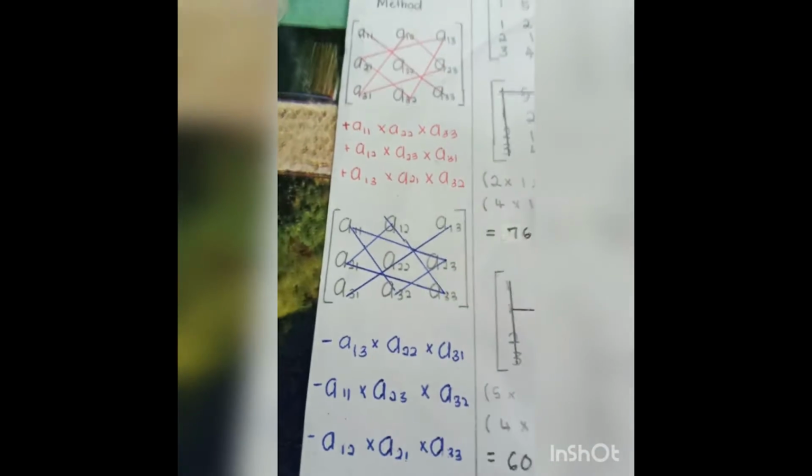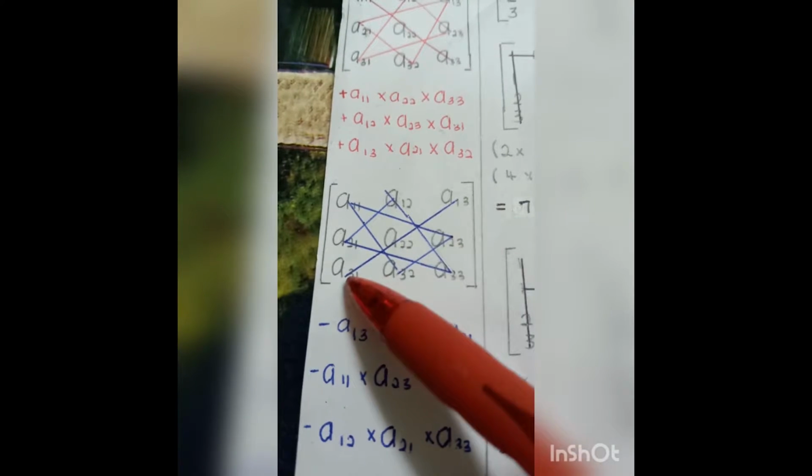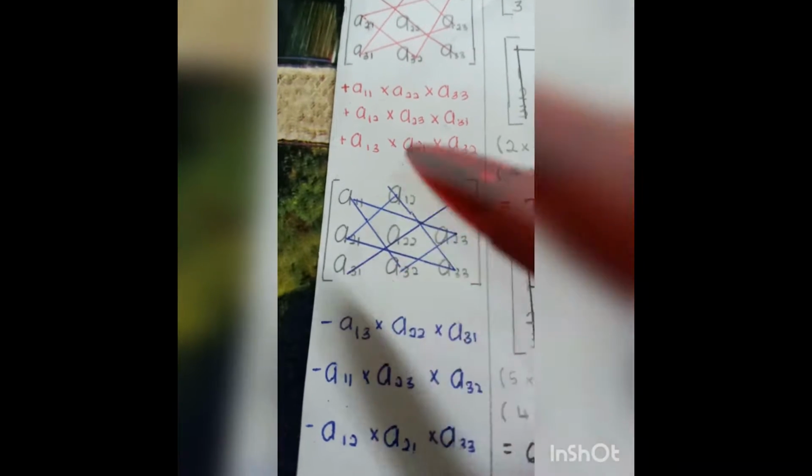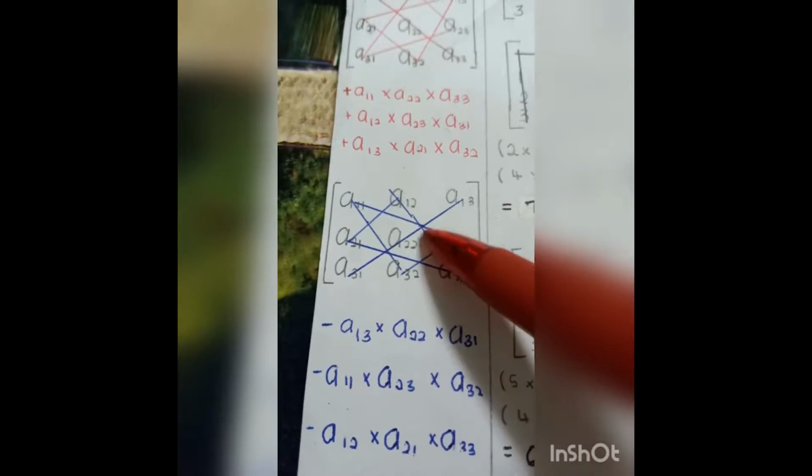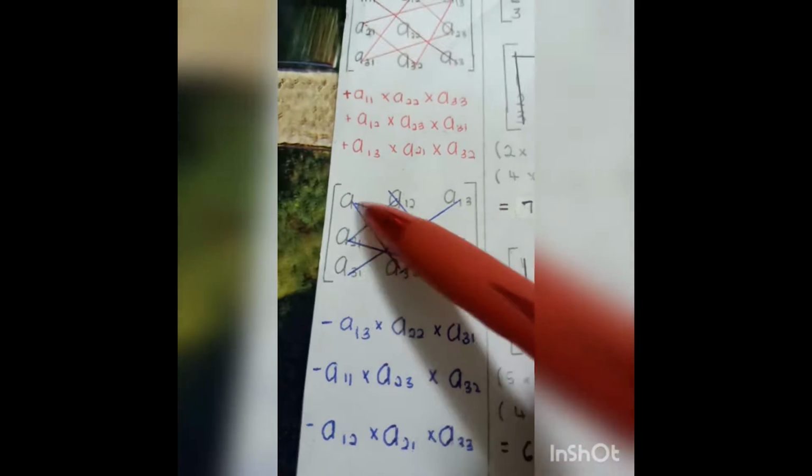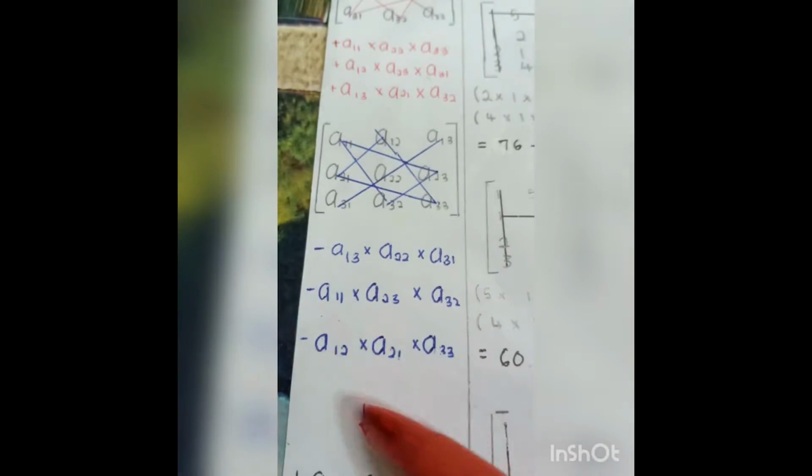The triangle method works by multiplying the numbers of this line, this line, and this line, and thus we get the positive one. For the negative one, it's quite the same. We multiply the numbers of this line, this line, and this line, and we get the negative one.